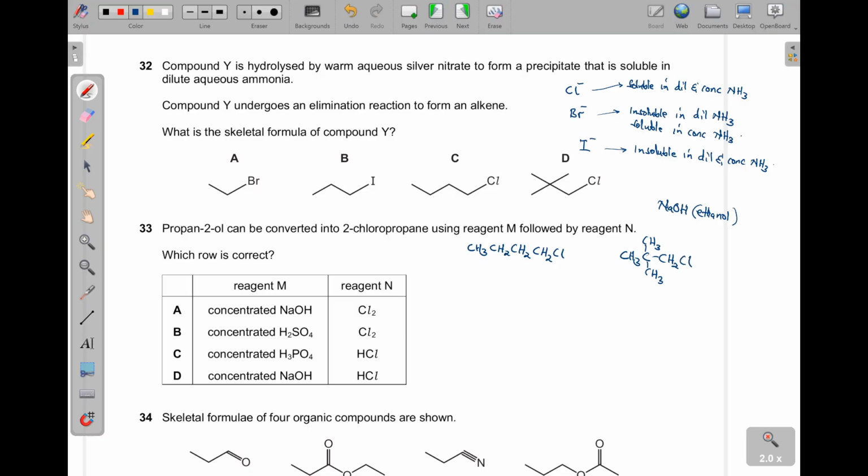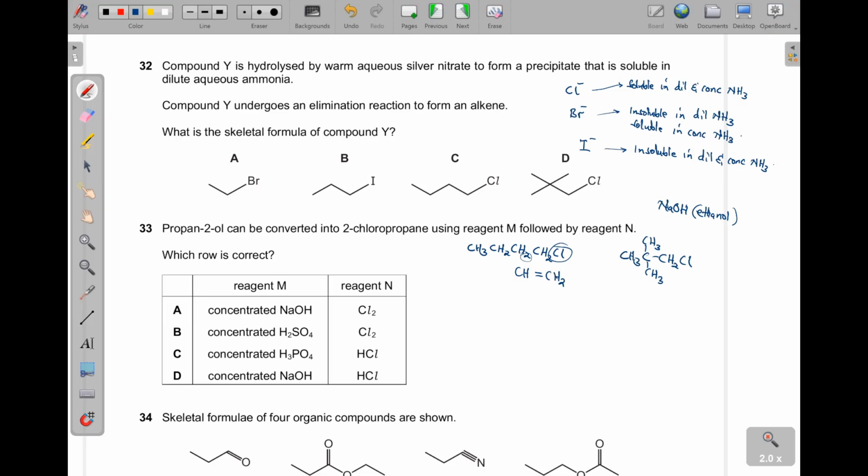So for elimination, what happens is that the carbon that has that halogen, the halogen is lost, and then we go to a carbon which is adjacent to that carbon holding the halogen. This carbon here must lose a hydrogen. Now when you look at this one here, this one can go, and then this one loses a hydrogen. So you will have CH here, then a double bond, CH2. So you get an alkene.